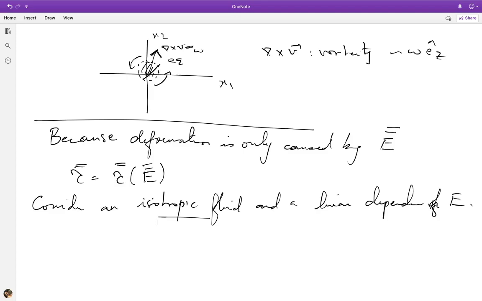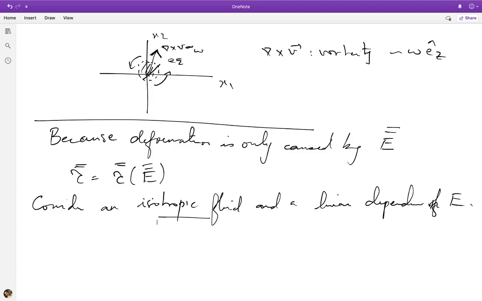It also involves the fact that the stress should not be different in different directions of the material. Now, not all fluids, all materials are isotropic. For example, you can imagine a fluid containing a suspension of, let's say, cylindrical rods.